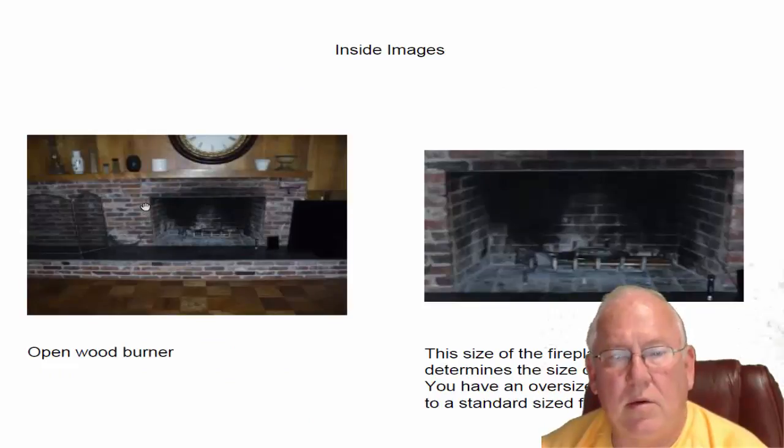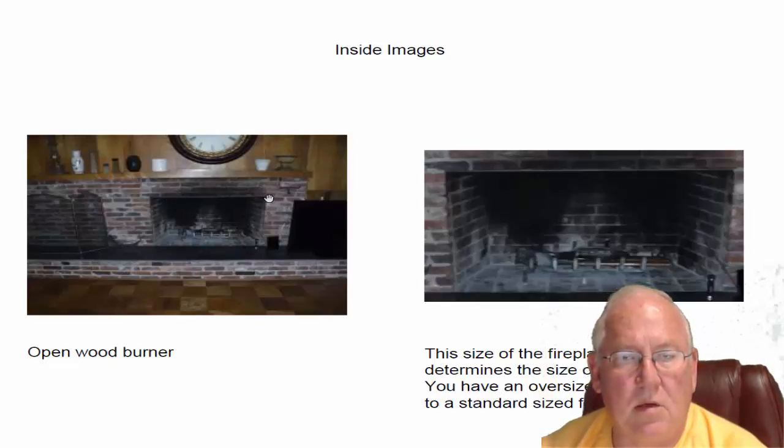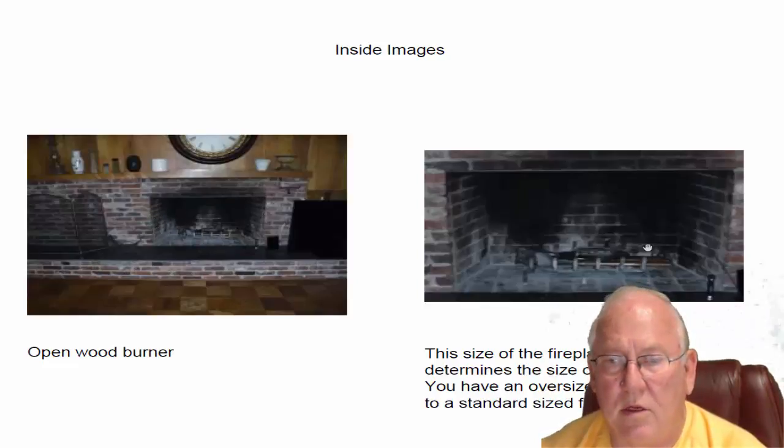Okay. So you can clearly see how this fireplace has smoked up the upper surround area here. And that's basically one of two reasons. The first main reason is this is an oversized mouth. In other words, the fireplace opening is oversized, not a standard size. And the flue is a standard size.